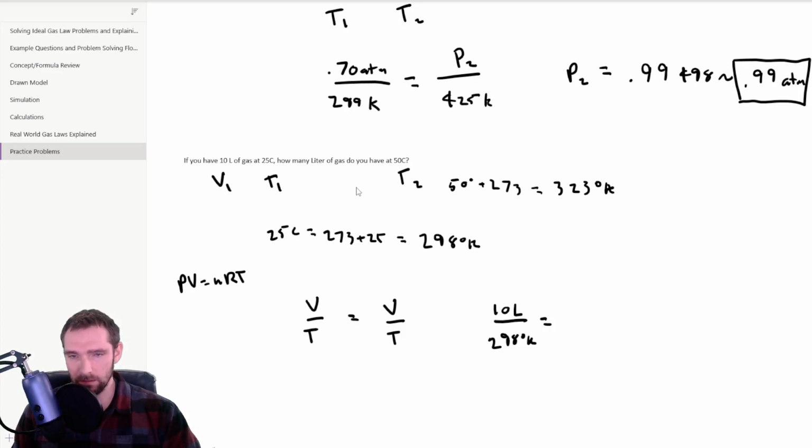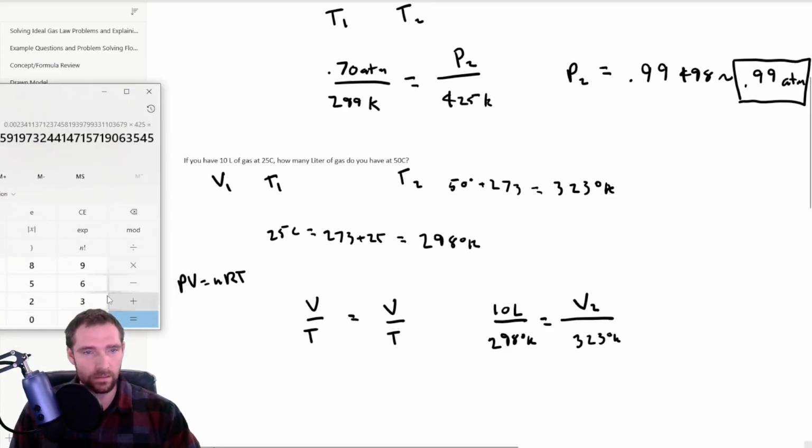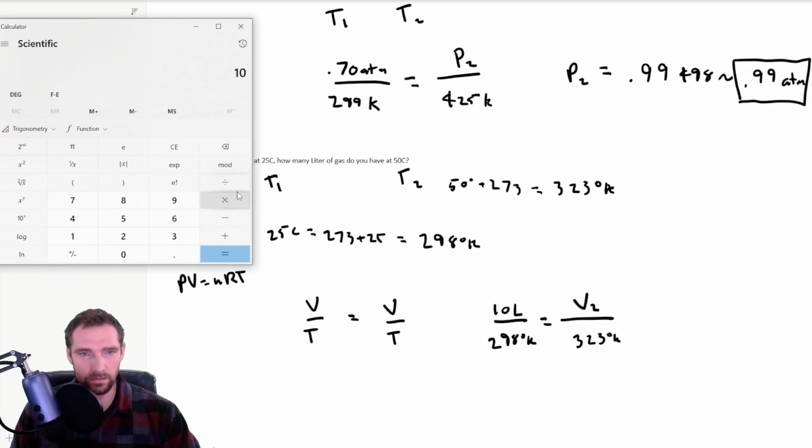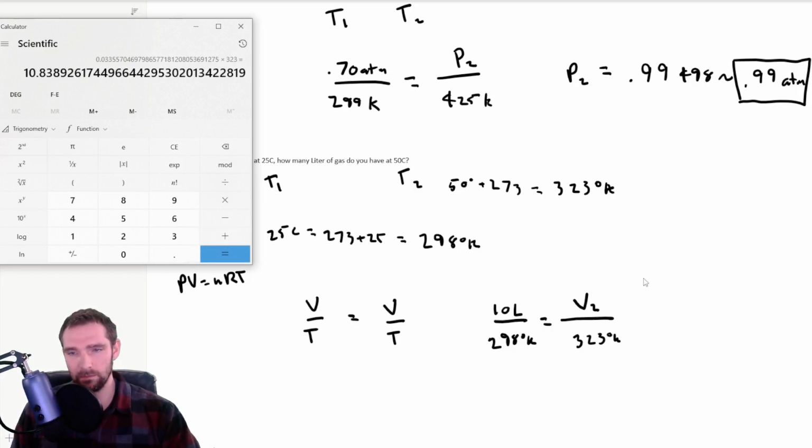And that is equal to some V2 over 323 degrees Kelvin. We should be able to solve for that. I think that's 10 divided by 298 times 323.